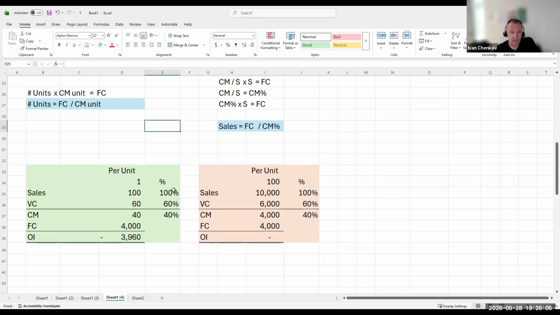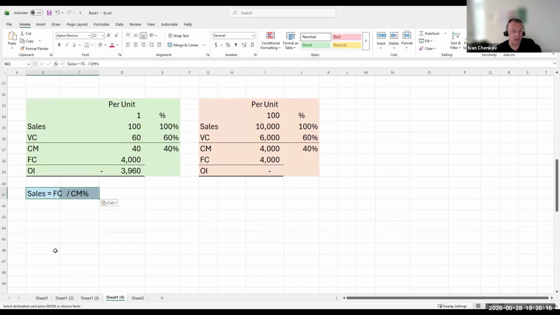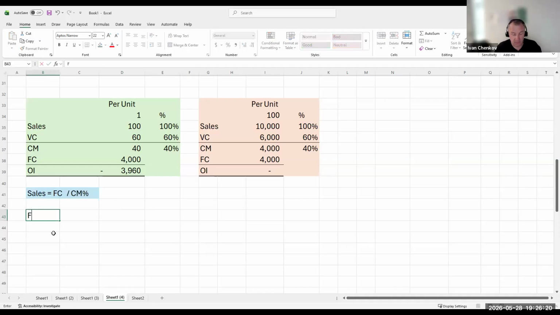Well, let's test it in our scenario here. So this is my formula. Sales has to be equal to fixed cost divided by contribution margin ratio. My fixed cost is equal to $4,000.